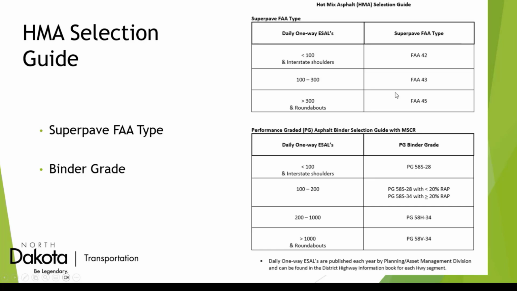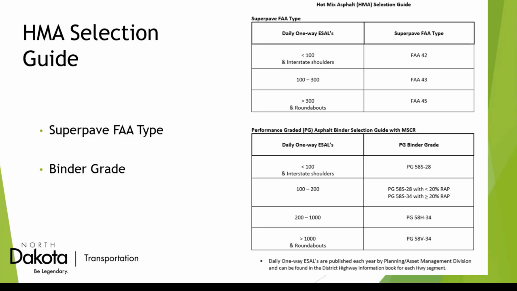And when you're crushing material for a 44, you basically are meeting a 45 requirement based on the specifications. So it narrowed that down, and that's a good thing. But these are the traffic values, and ESAL is an equivalent standard axle load. So basically it's based a lot on the truck traffic on that particular route during the design period.